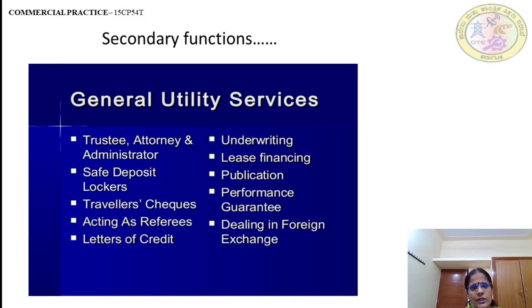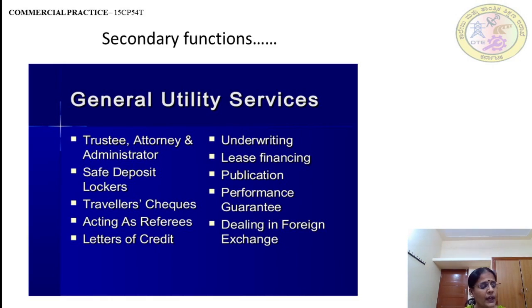That means he is going to distribute the property as set by the court's instructions. He will sell off the deceased's property to clear off the creditors and then give the remaining amount to the deceased's heirs. So this is what he does for his customer as an executor and an administrator.